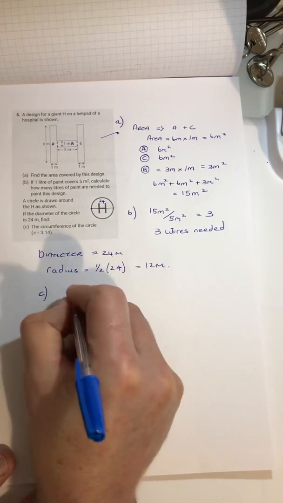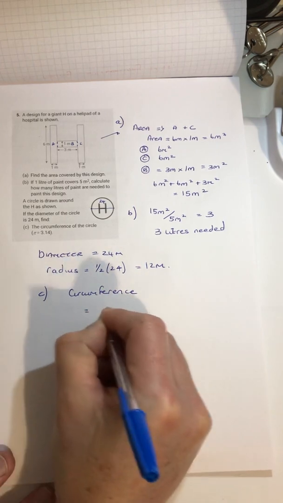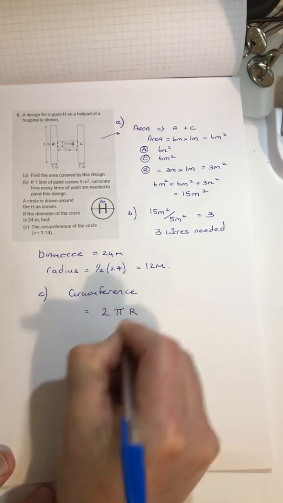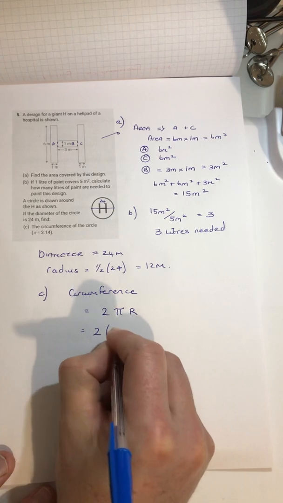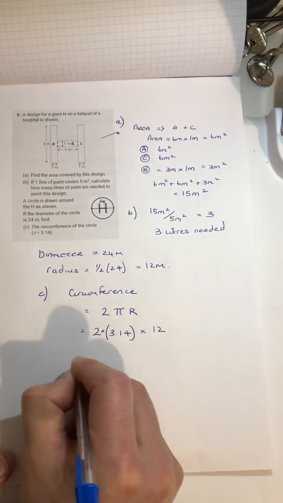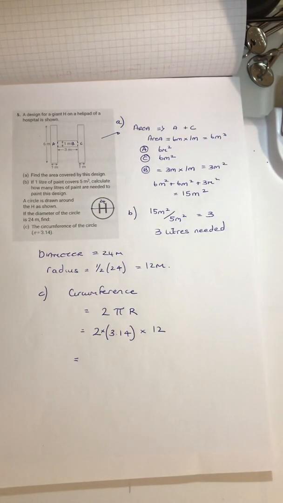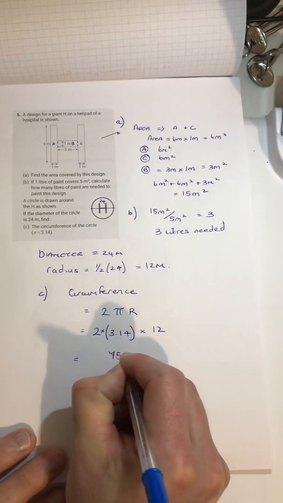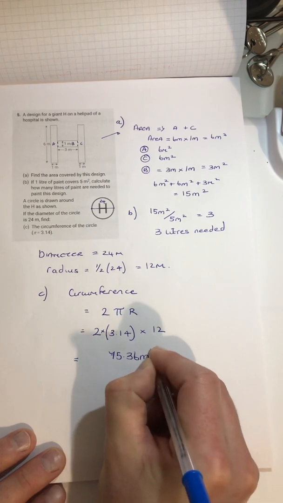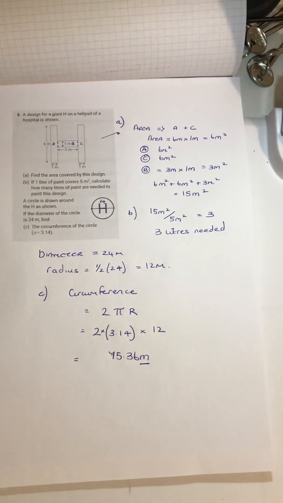So for part C, we want the circumference, which is equal to 2 pi r, which in this case is 2 times 3.14 times the radius, 12, which is equal to, use your calculator, 75.36, and it's in meters, since it's circumference. Okay, that's the area of the helipad.